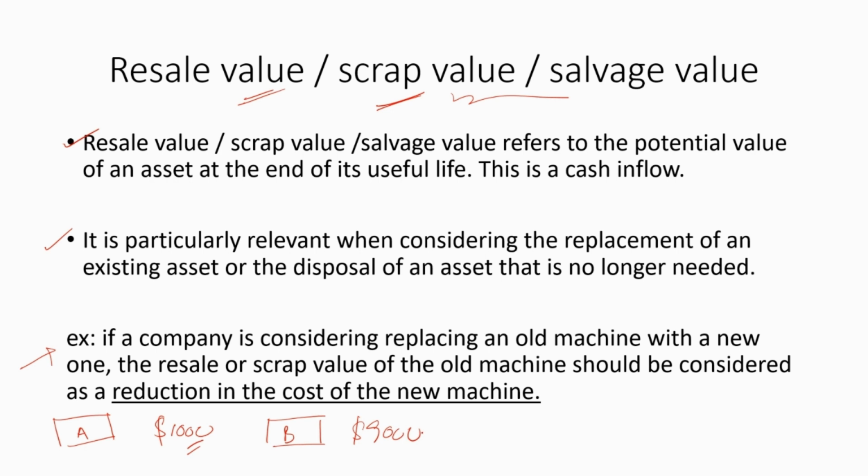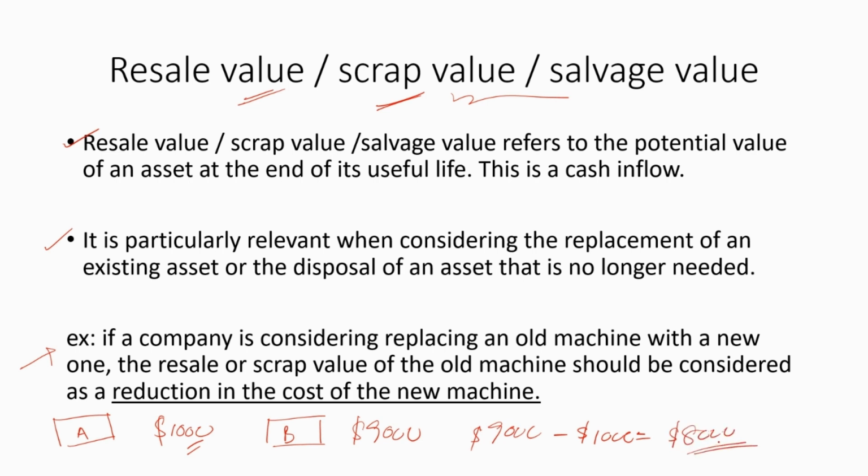So the net cash flow of this transaction: 9,000 is a cost to the company and there is $1,000 coming in because they sold the old machine. So the relevant cash flow of this transaction equals 8,000.